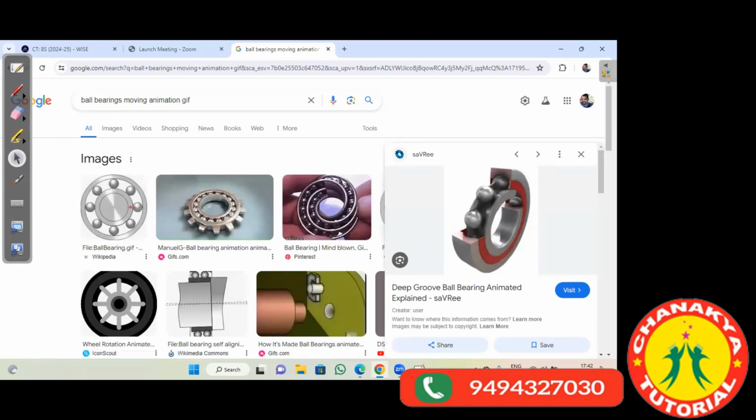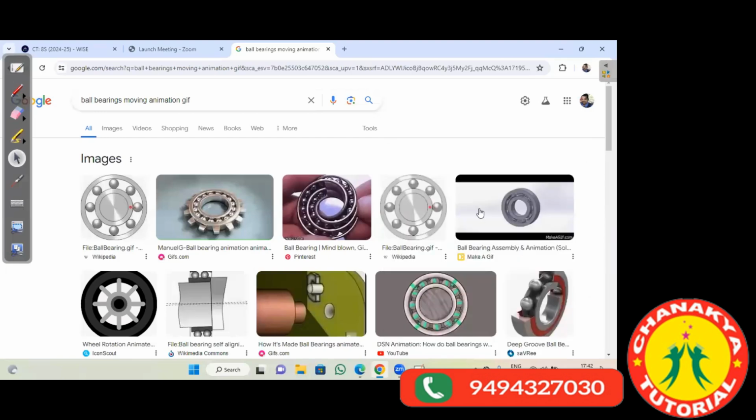You can try to search, but I think you have understood how these ball bearings are working. When the outer ring starts moving, the balls start rolling along with it, and when they roll, they are reducing the friction between the two rings.